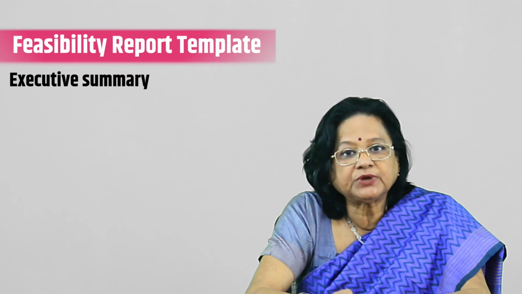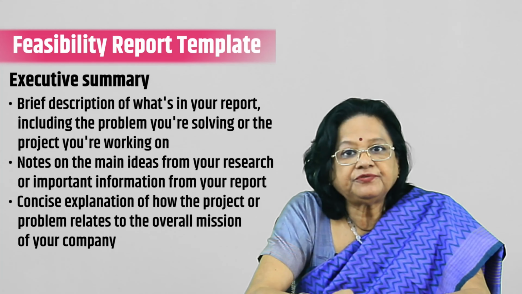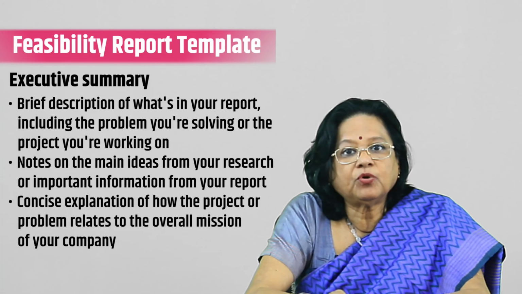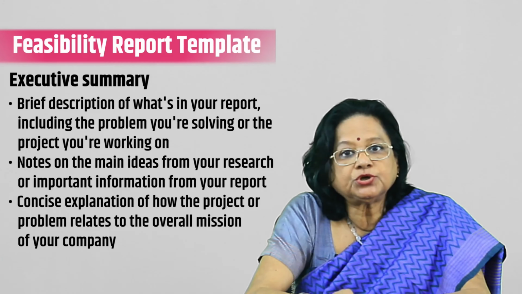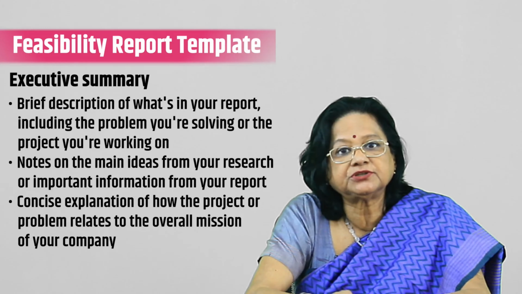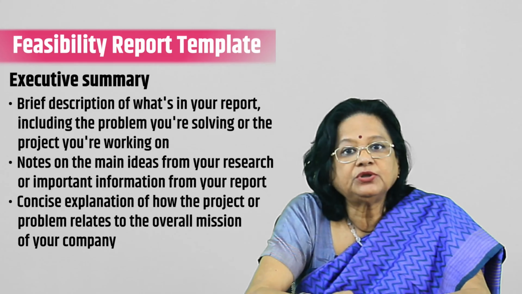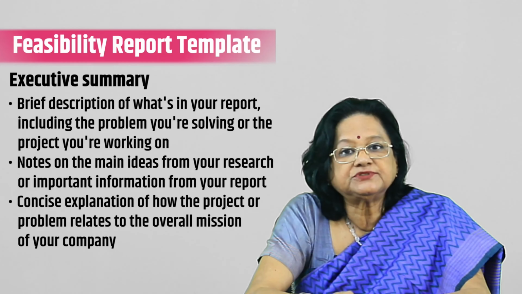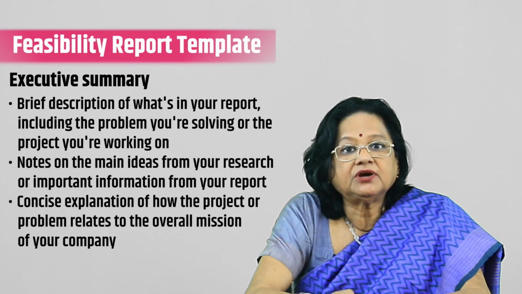Some elements to consider including in your executive summary are a brief description of what is in your report, including the problem you are solving or project you are working on. Notes on the main ideas from your research or important information from your report. A concise explanation of how the project or problem relates to the overall mission of the company.